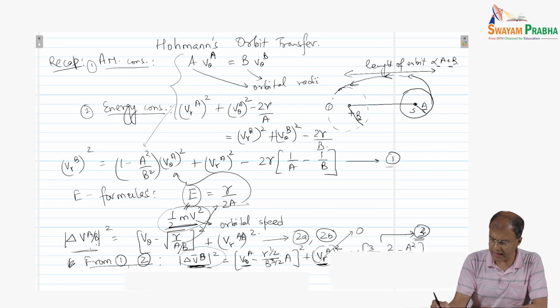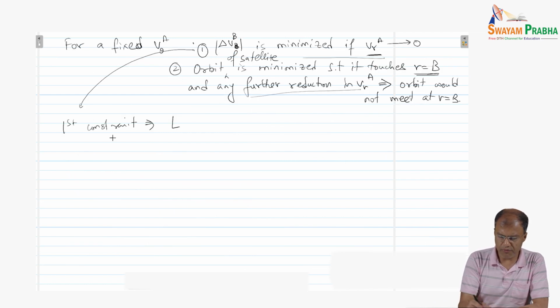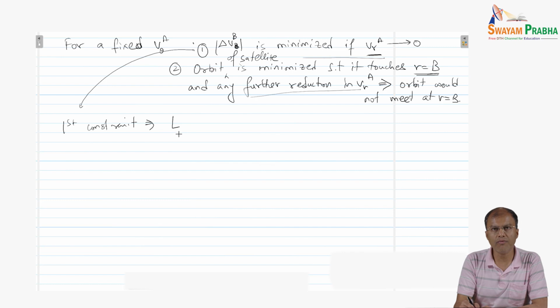So L and R, if you recall our previous module, L was the point of liftoff. So this is my L. So this is where the satellite lifts off, and R is the point of landing. Okay. So coming back, the first constraint implies that the point of liftoff, that is L, becomes the perihelion.